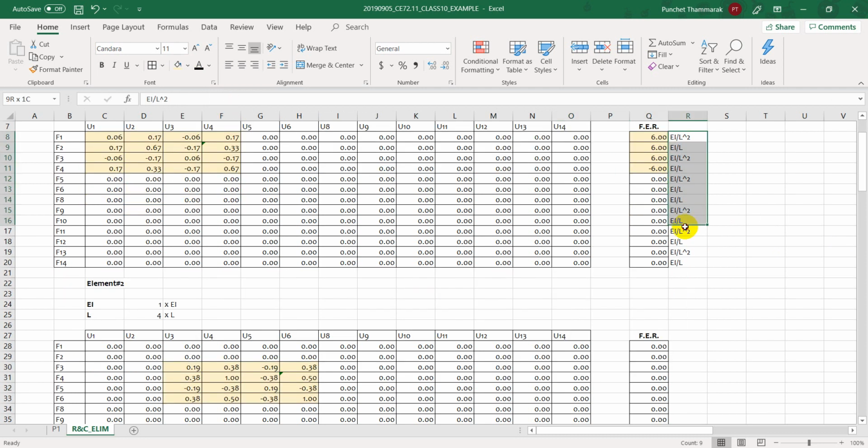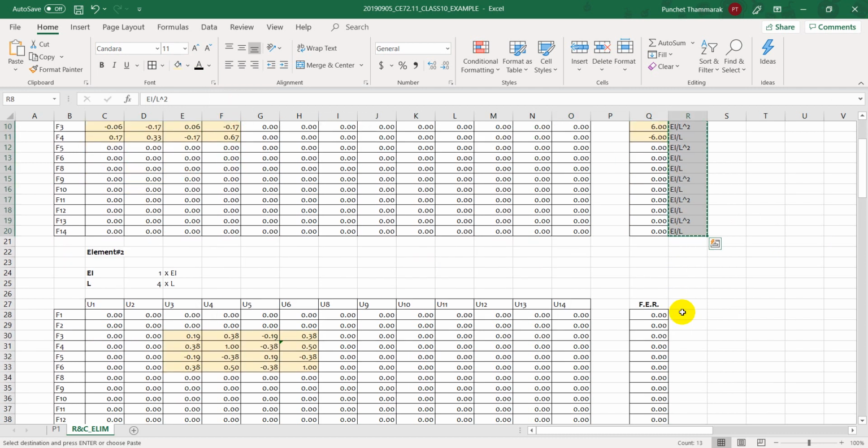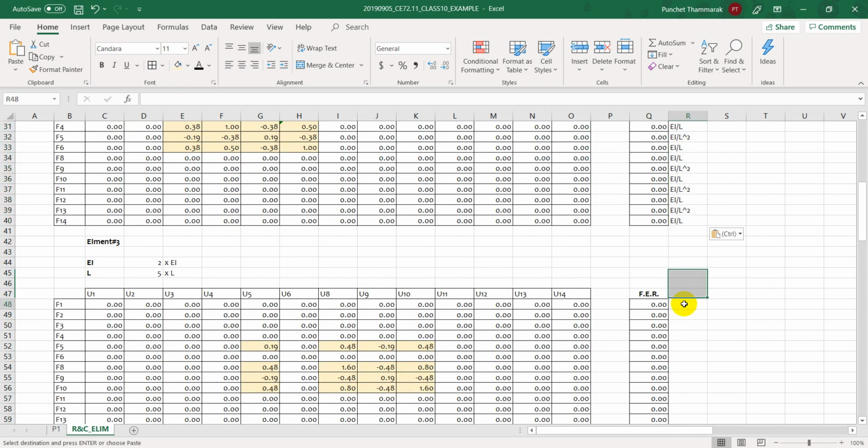Alright, done with the first fixed end reaction.